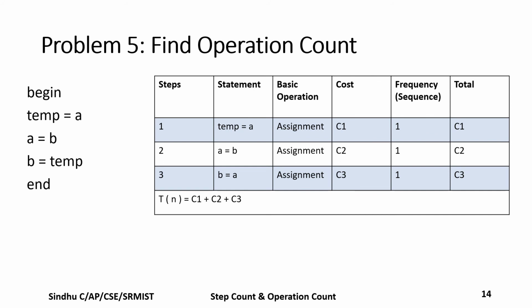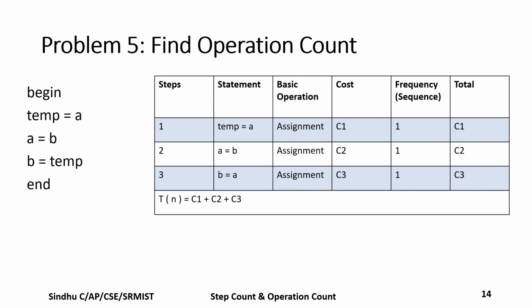Now you identify. The first statement, temp is equal to A, is a basic operation, which is an assignment operation. You are assigning value A to temp. So this is a basic assignment operation. The cost involved in this operation can be some value, so consider it as C1. This is a sequence operation, so the frequency is 1.